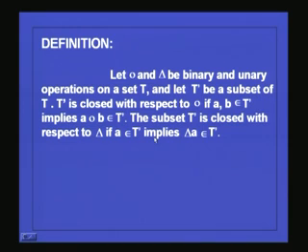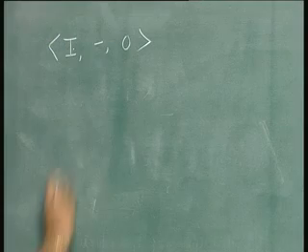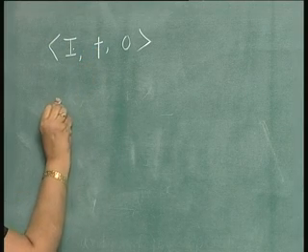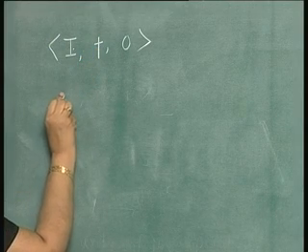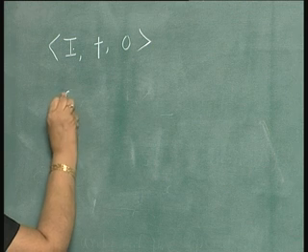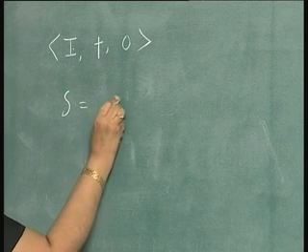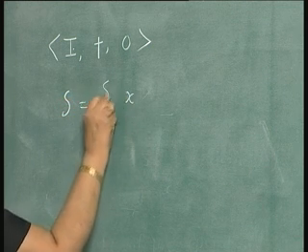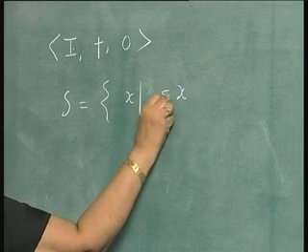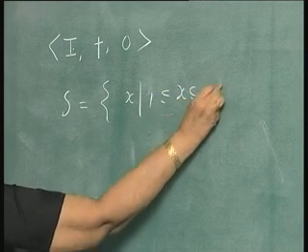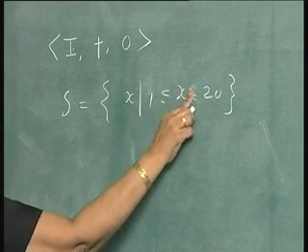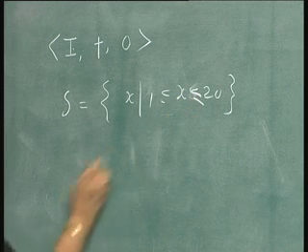For example, let us consider the set of integers and the operation plus. Let us consider this algebra and consider a subset, say S, where the integers x are between 1 and 20. So, the set of integers from 1 to 20 is a subset.